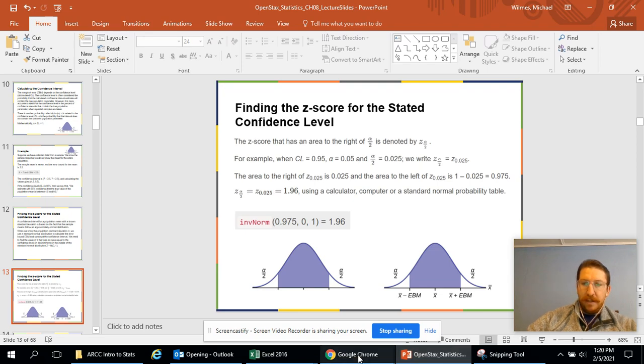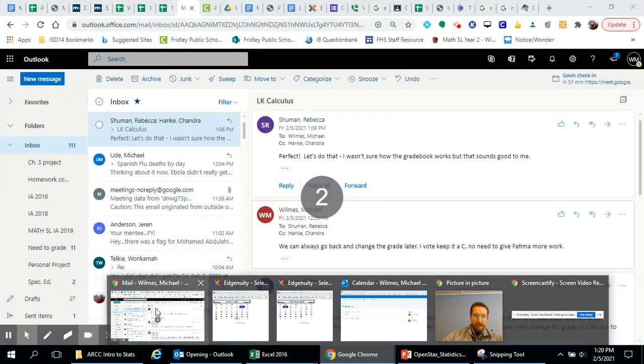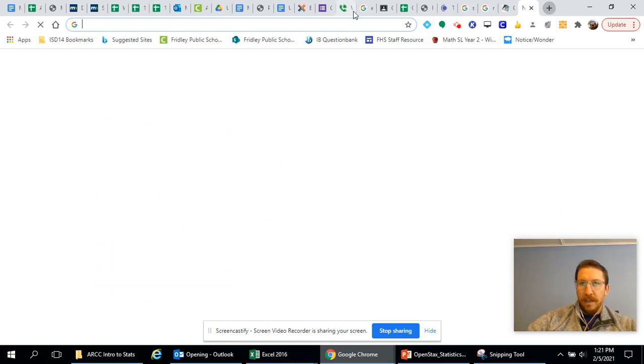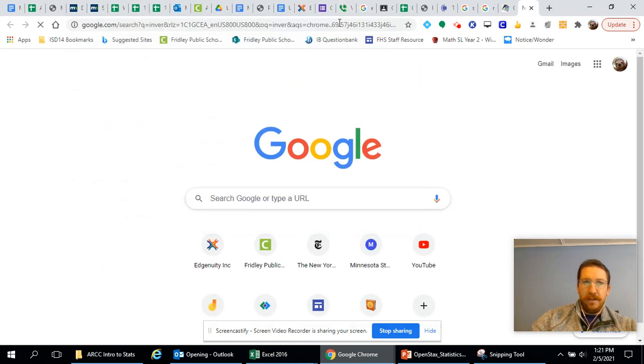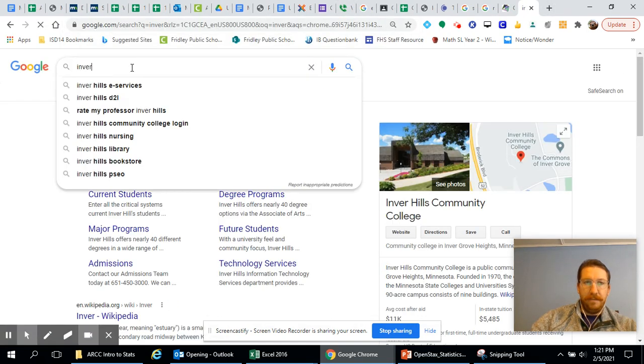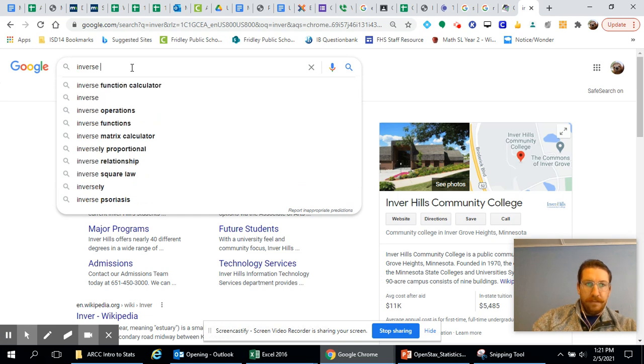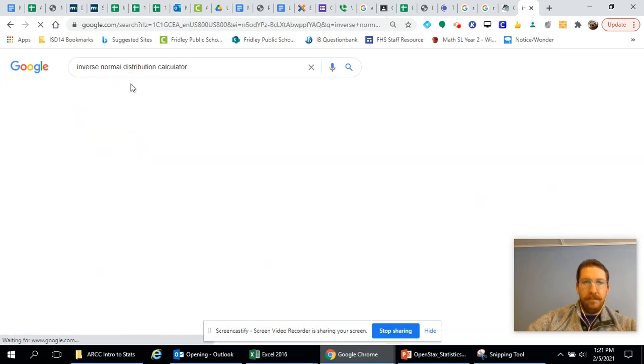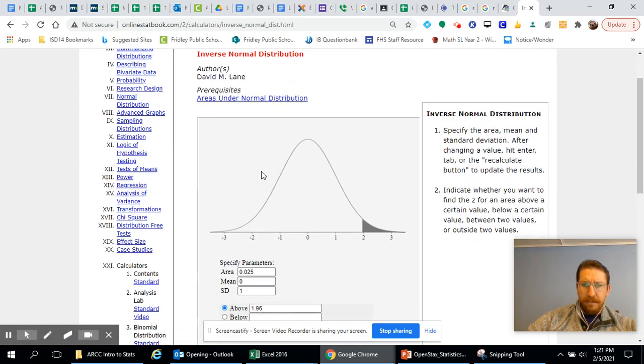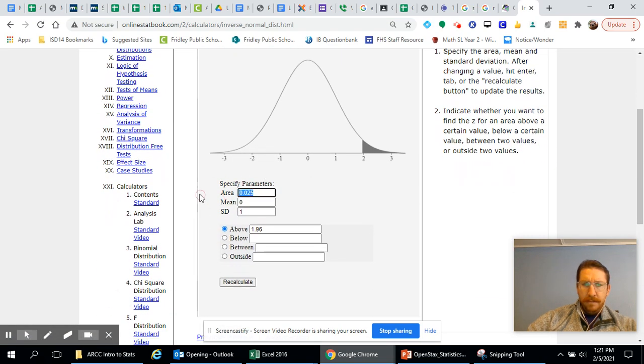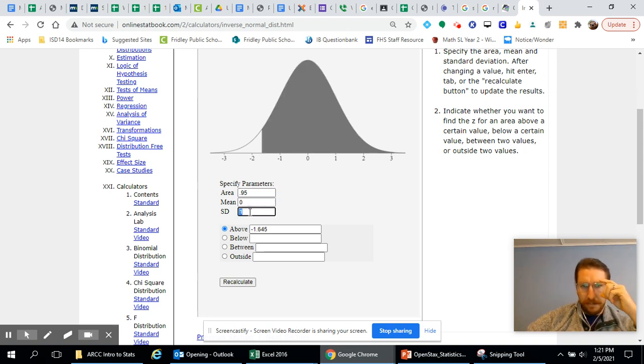So what we can do is go into our calculator. I'm going to go into my inverse normal distribution calculator. We were looking for a middle region of 0.95. And I'm going to keep this mean at 0 and the standard deviation at 1. We're going to go between.